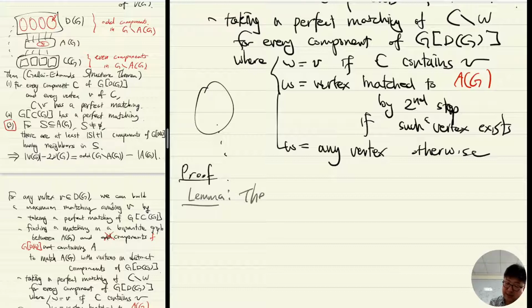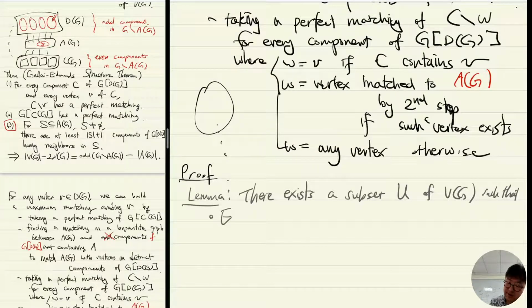There exists a subset U of V of G such that every even component of G delete U has a perfect matching.